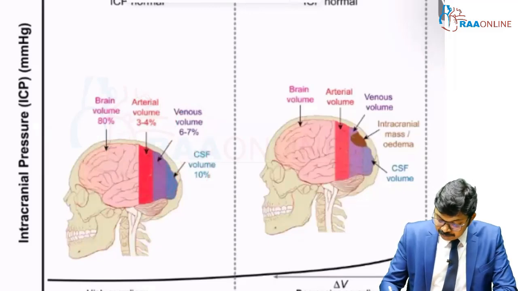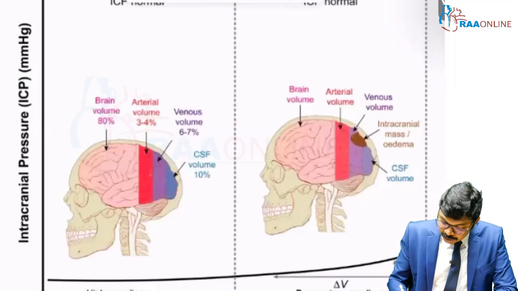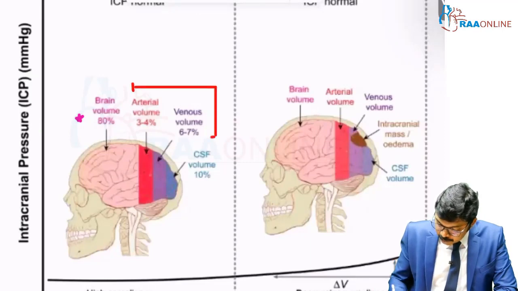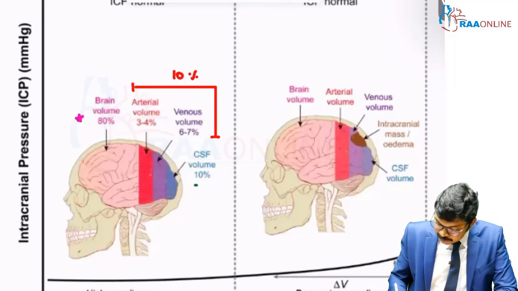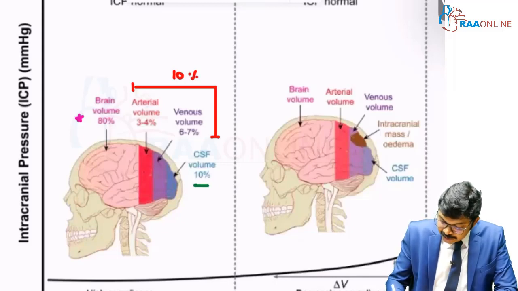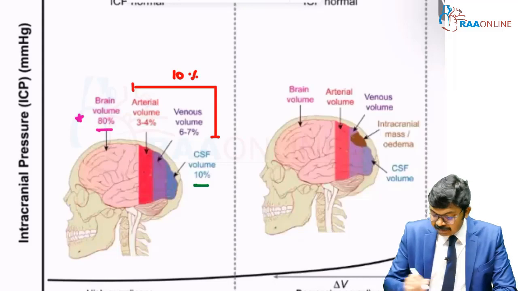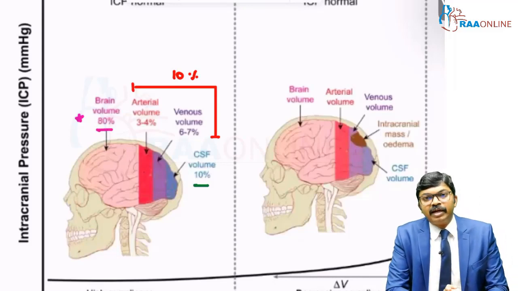To be precise, brain volume is 80%, blood volume, artery as well as veins included, is on an average about 10%, and CSF volume is another 10%. So together it is 80 plus 10 plus 10, 100% of intracranial content, guys.